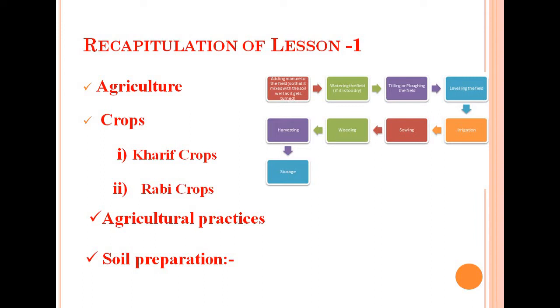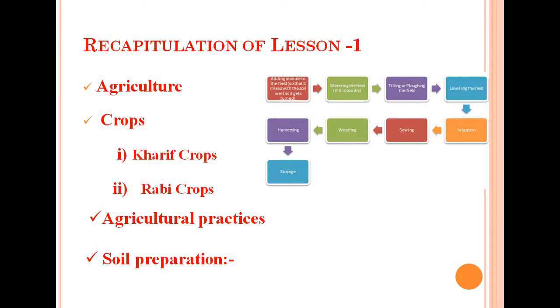We also came to know in lesson 1 about the different agricultural practices. For growing crops, farmers perform a series of activities in a particular sequence over a long period of time. These activities are known as agricultural practices.